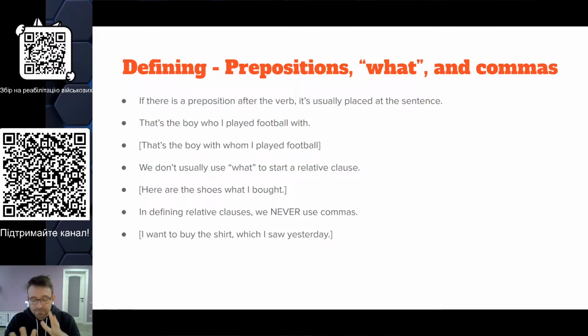So, in principle, that's all of the basic theory about defining relative clauses, and we're going to do a little bit of practice with them in a moment. But I'll just give people a few seconds, if anybody wants to ask any questions about this, please feel free to write them into the chat, and I'll be happy to answer any you have.